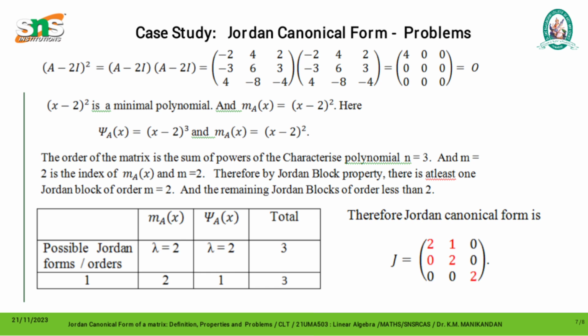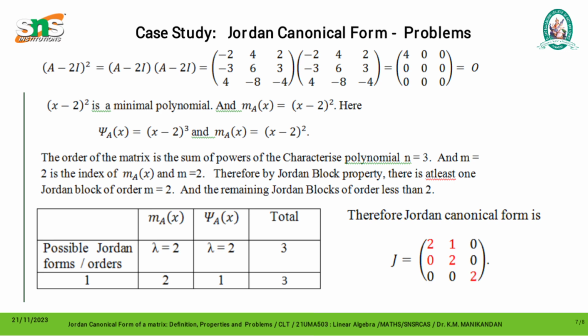So therefore the minimal polynomial is x minus 2 the whole square, because it satisfies the Cayley-Hamilton theorem. So chi a of x is equal to x minus 2 whole cube and ma of x is equal to x minus 2 the whole square.